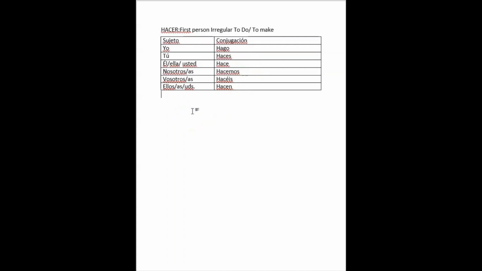For example, if I want to say I make my bed, so I can say to make the bed. Hacer is to make, so I make my bed. Yo, again, the use of yo is completely optional.